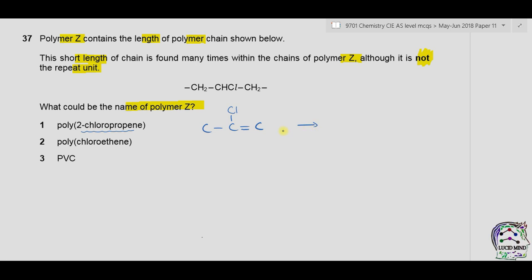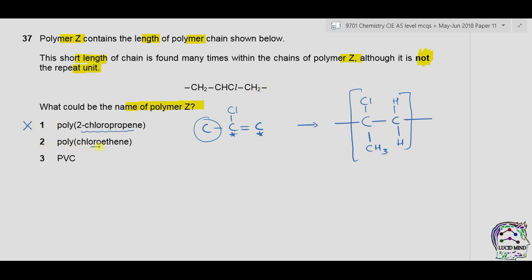So when it forms polymer, these 2 carbon atoms are present in the long chain, while this will act as a substituent. So it will be like this. This is the repeat unit. With this carbon, 2 hydrogen atoms will be present. As this structure is different than the one that is given, 1 is incorrect.